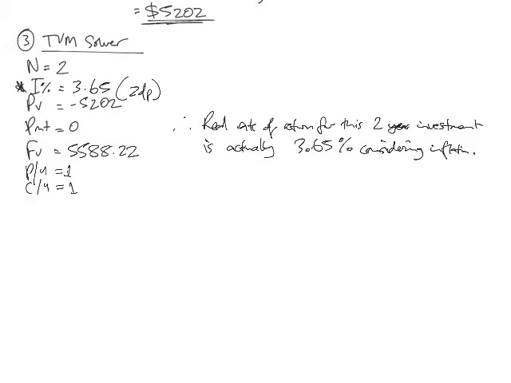So in basic terms, that means that your $5,000 investment, yes, in your bank account it says it increased to $5588.22, but considering the fact that everything increased in price by 2% per annum for those 2 years you invested it in, your investment only really grew in buying power by 3.65% per annum.